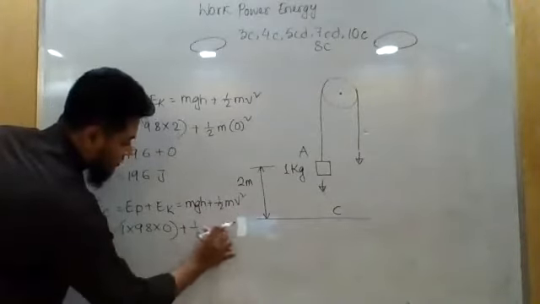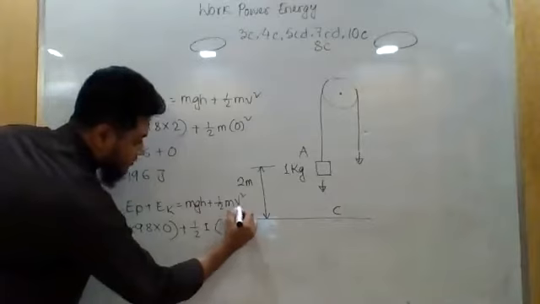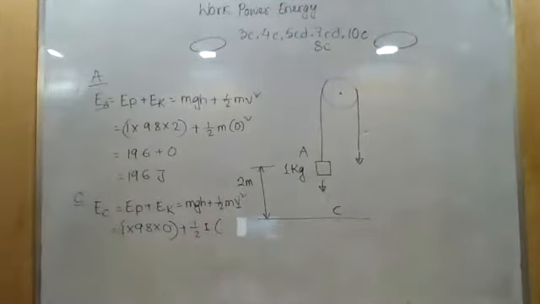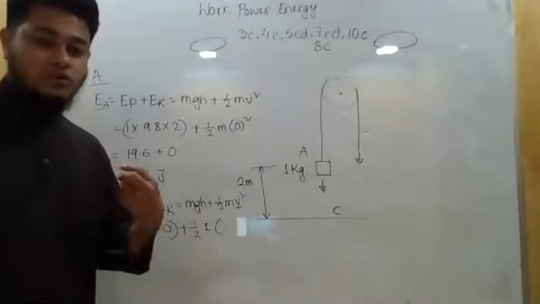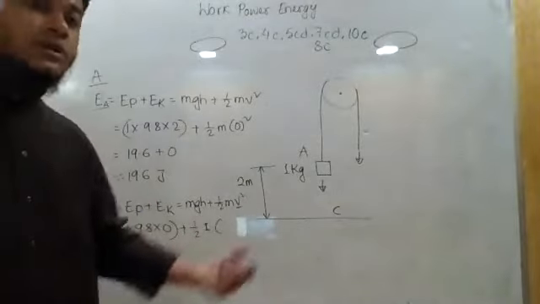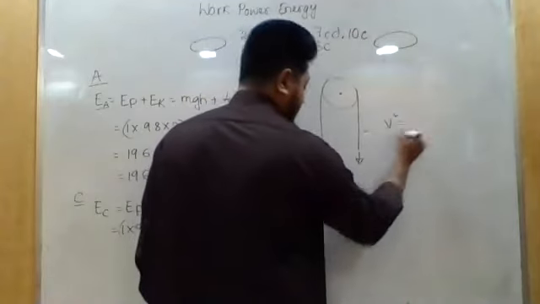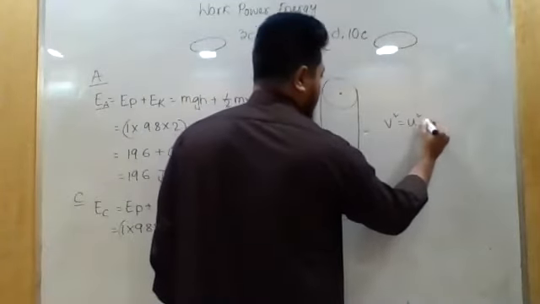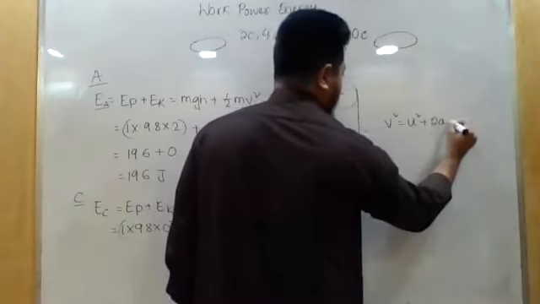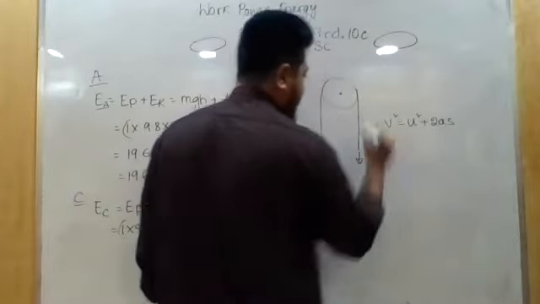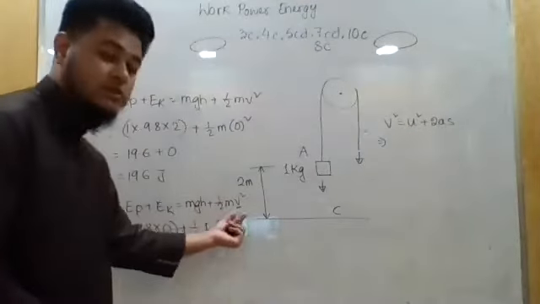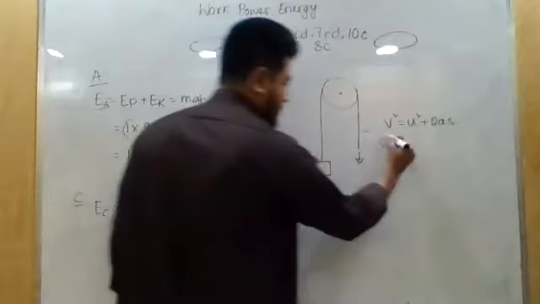Plus half m, m is 1 kg, v square. How can we calculate v square? If you remember, I have shown you repeatedly how to calculate v square in such a case. We will apply that equation: v square equals u square plus 2as. Now v square is what we are trying to calculate, so let it be as it is.